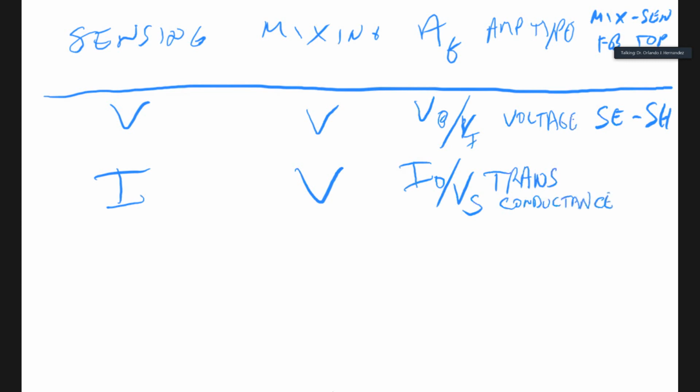Okay? Probably number 2 in the list of usefulness. So we do use transconductance amplifiers to generate current sources and things like that, and biasing networks.